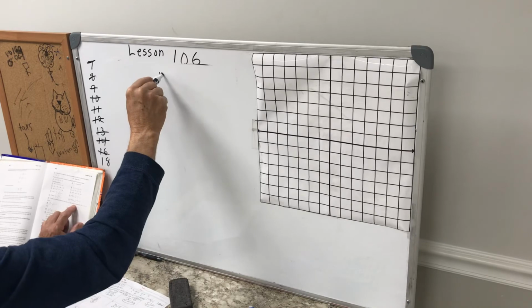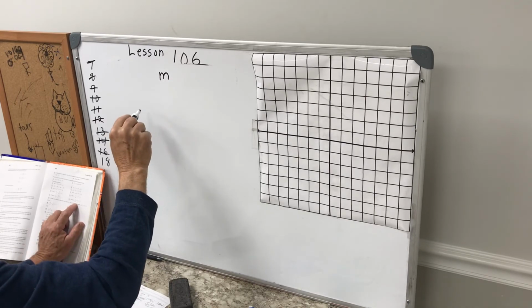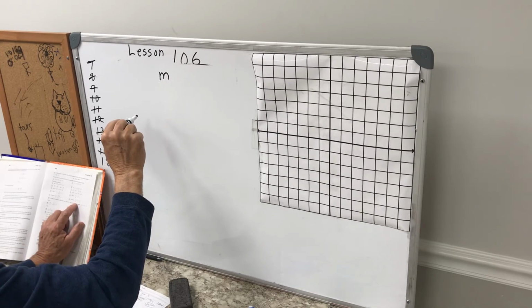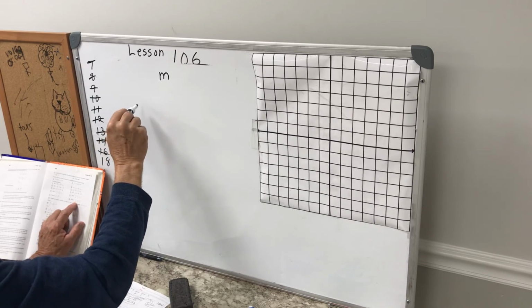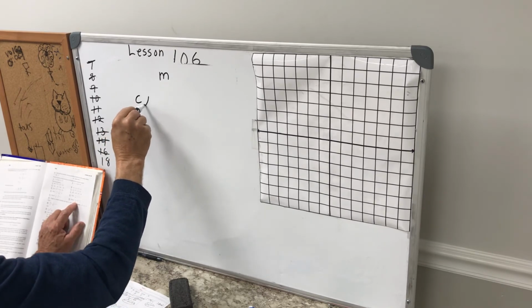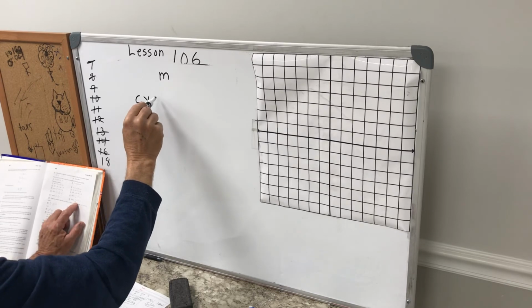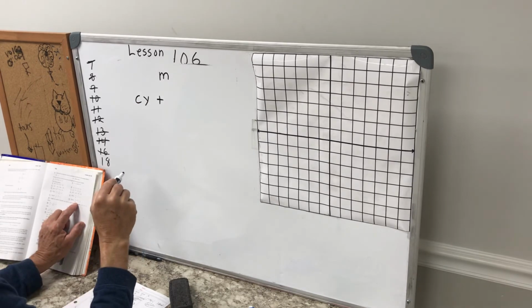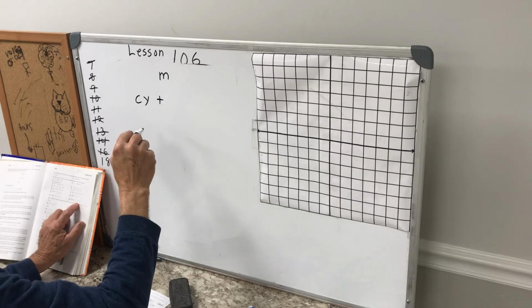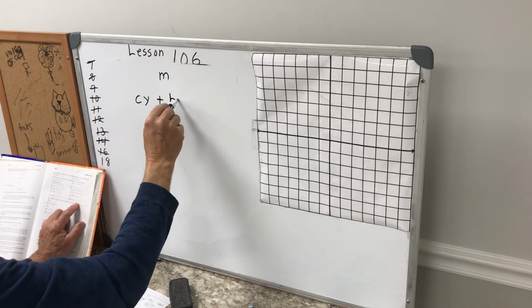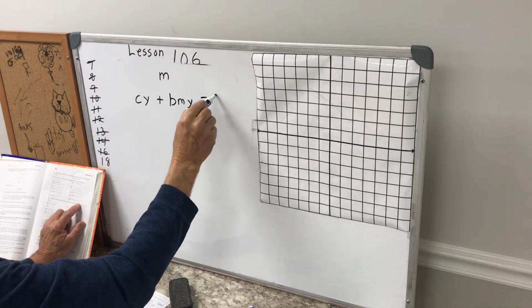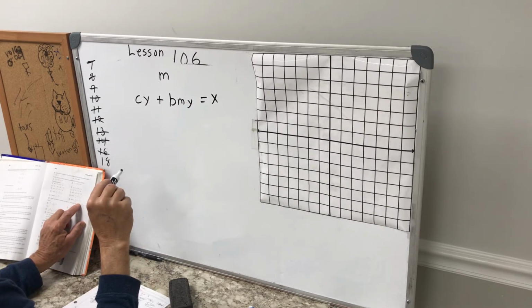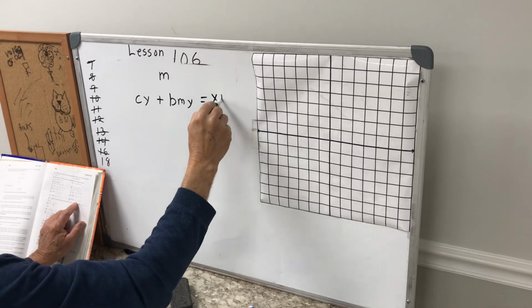Find M. And here we go, the common denominator is MCY, all the rest of them. So on the 1 here we've added a CY plus to the B we've added MB, it's going to be a BMY equals X, and to that one we've added the MC.